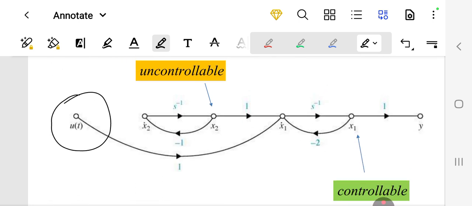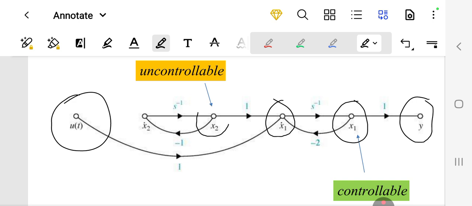Now we will see this example. You can control x1 and transfer it to x1 dot, and can transfer x1 to y, but cannot access x2 and transfer it to x1 dot or x2 dot, as there is no connection between u and x2 dot.